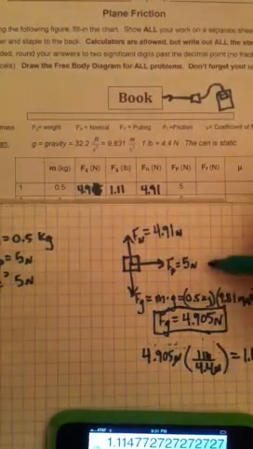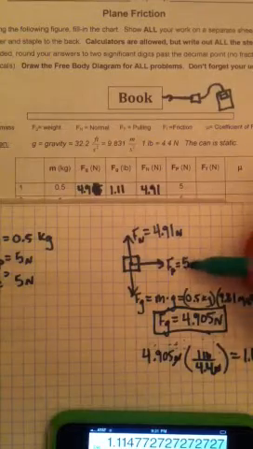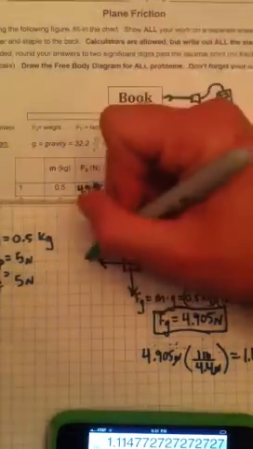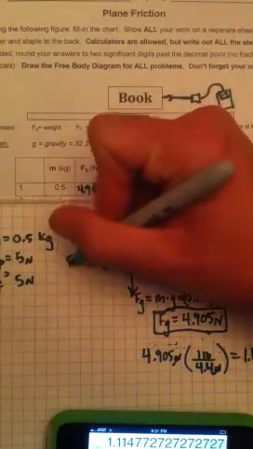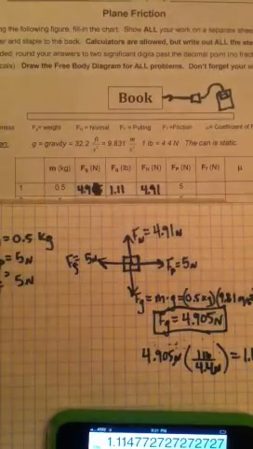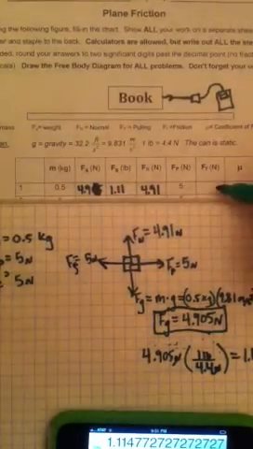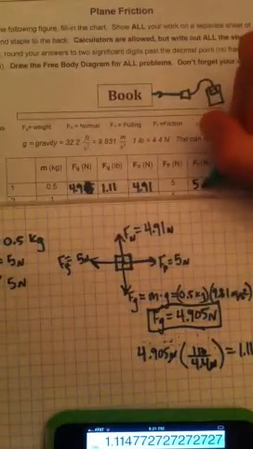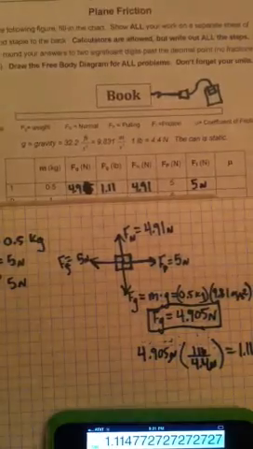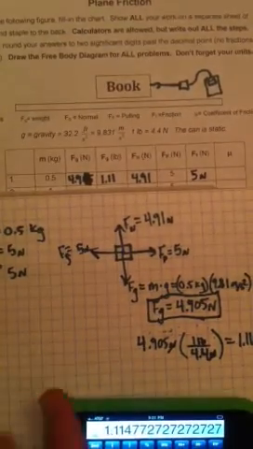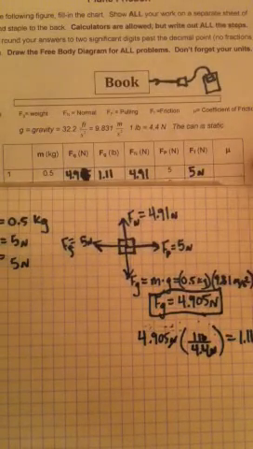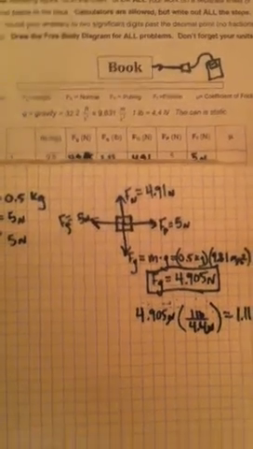We said we pulled with a force of 5 newtons, and if it's right at the point of sliding, then that also tells us that the force of friction should be 5 newtons. Force of friction is 5 newtons. Okay, so we can come back up here, 5 newtons. You're going to figure out that there's a lot of little tricks that makes this go very quickly as you work through this. And the last thing we need to do is we need to calculate for mu, the coefficient of friction, so we can tell how sticky that object is.